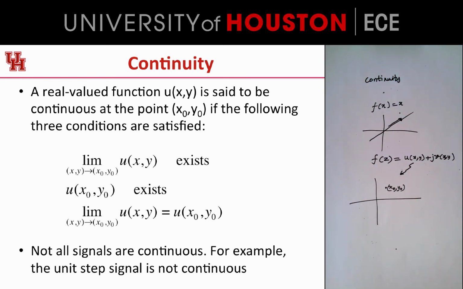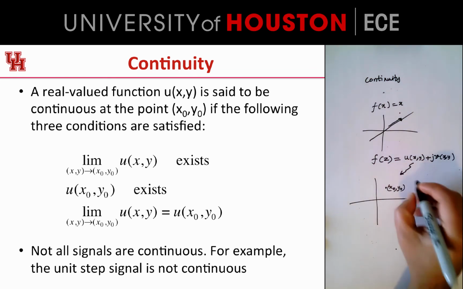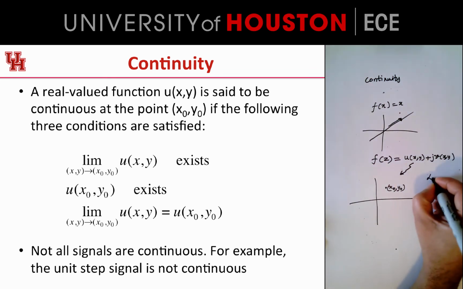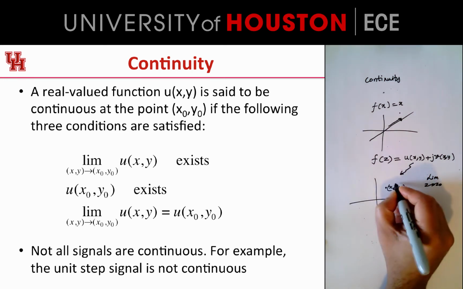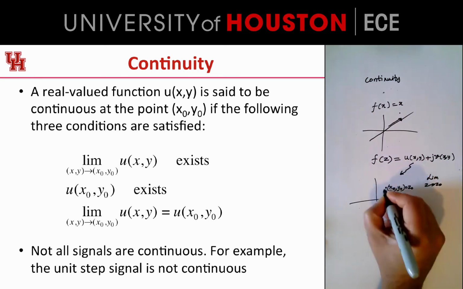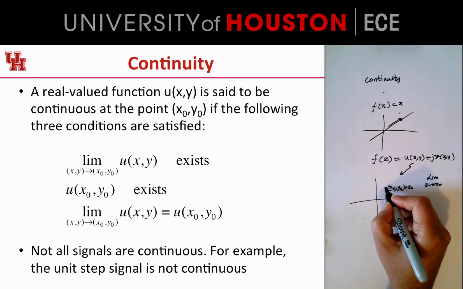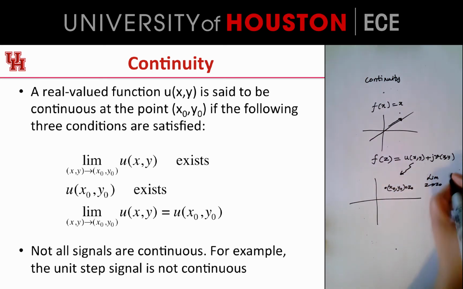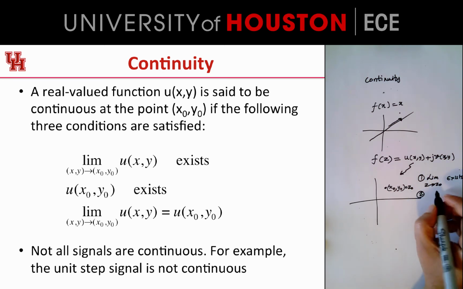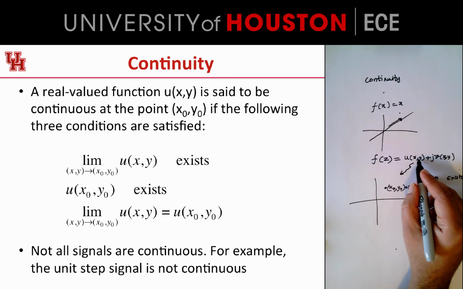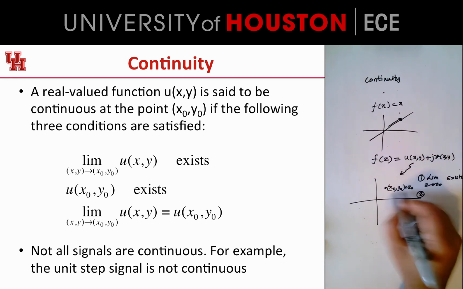And it turns out there are three simple conditions that need to be satisfied. The first condition is that the limit as z goes to z naught should exist. That's condition number one. The second condition is that this function exists at the point x naught, y naught.